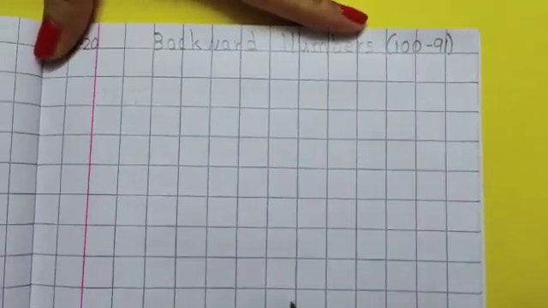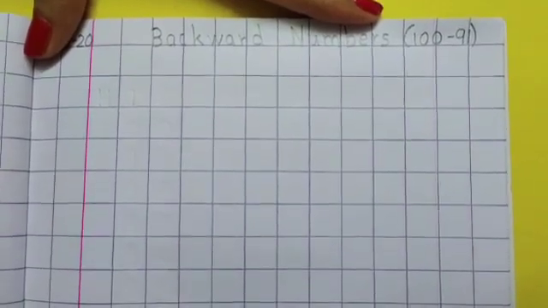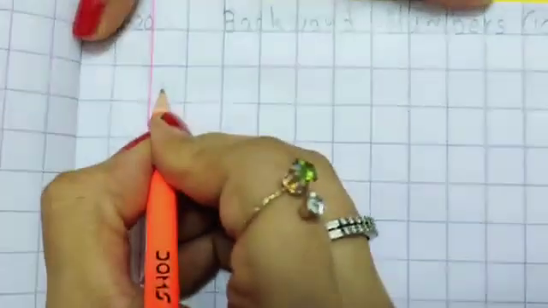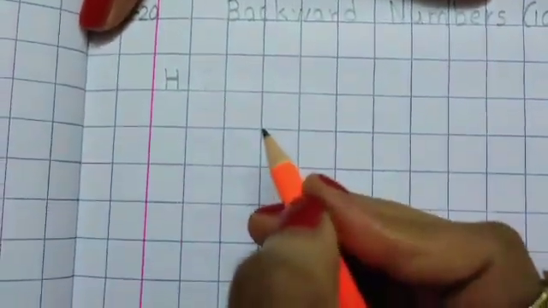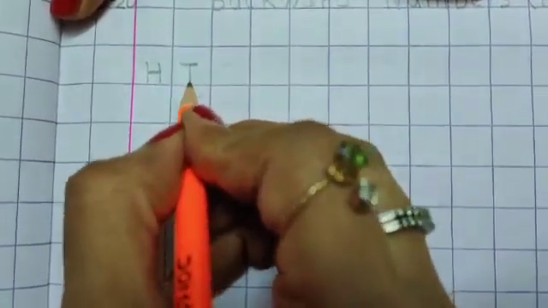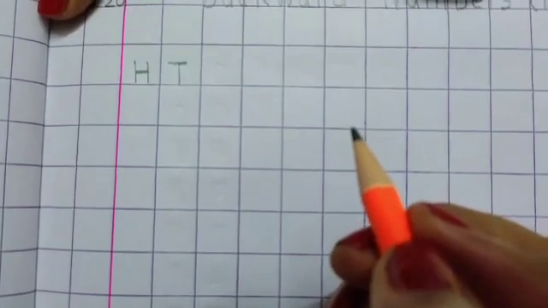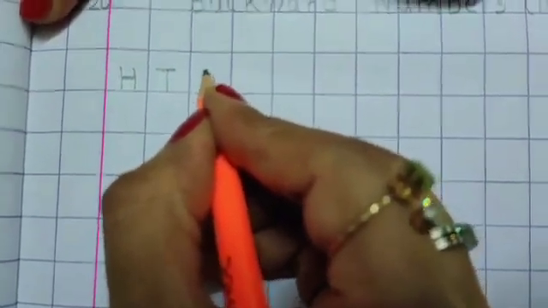So let's start first with writing capital H in the first square next to the margin. H stands for 100. Then you write capital T, which stands for tens, and then capital O for ones.